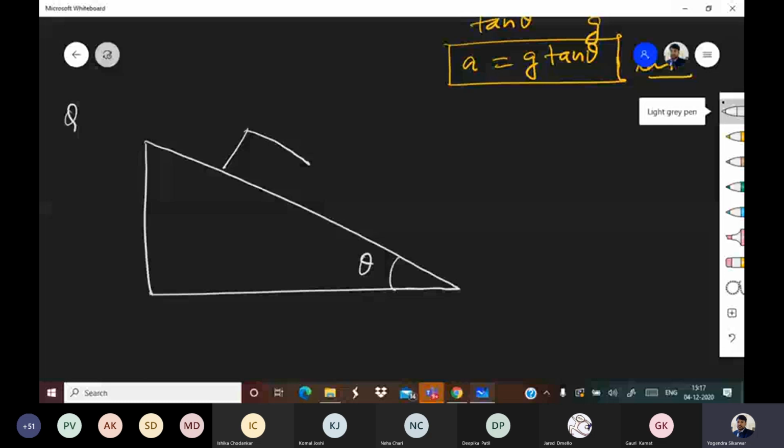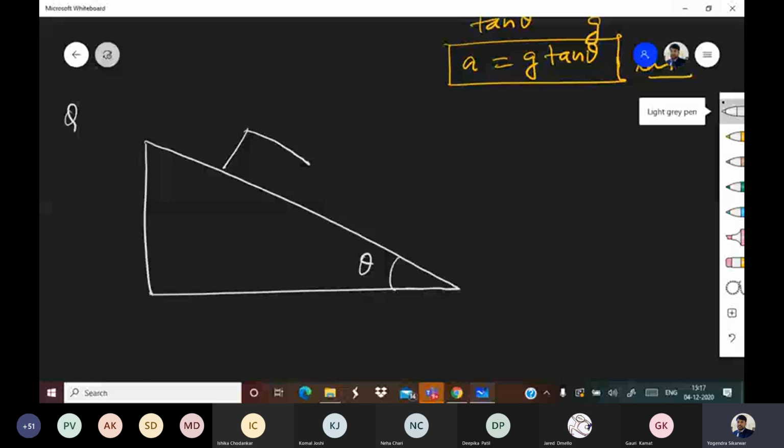This is smooth surface. Now there is a string. This is a pulley. And then there is a mass, capital M. This is M1 and this is M2.